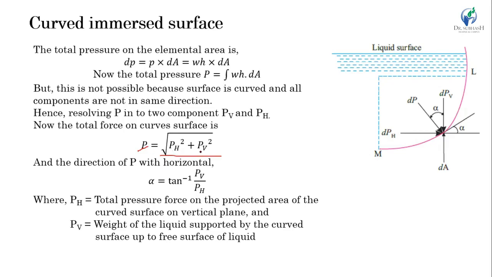Here Ph and Pv are the total pressure force acting in the horizontal direction and the total pressure force acting in the vertical direction. But keep in mind Ph and Pv are both different. When you think about the horizontal pressure force acting on the surface, the line of action of the force is like this, and it will act in this direction.